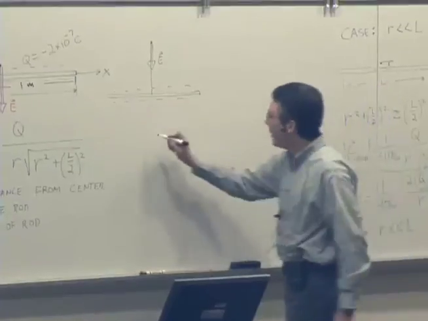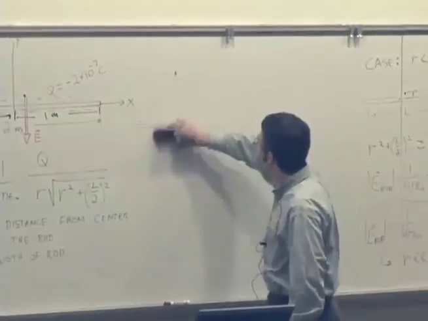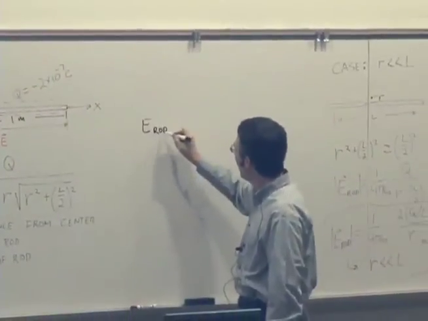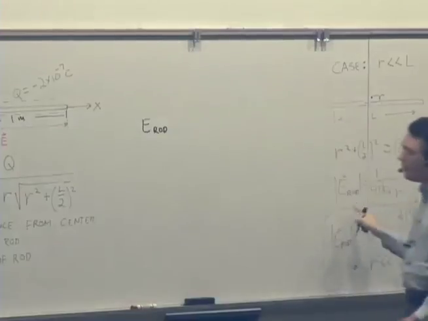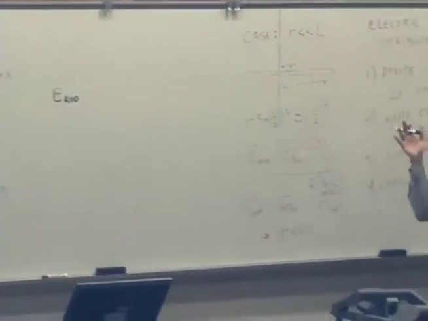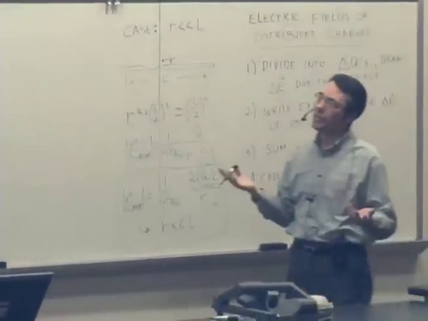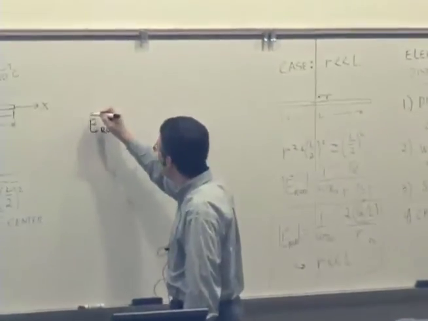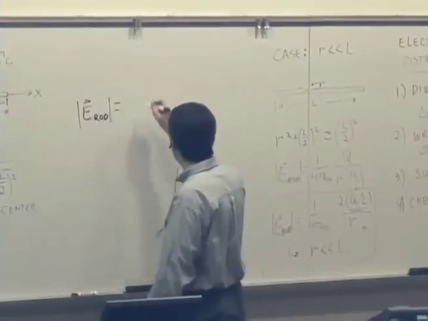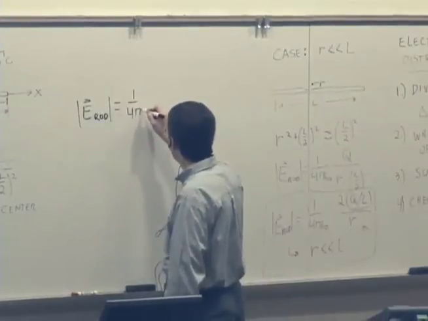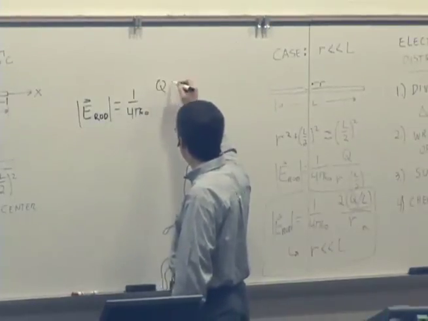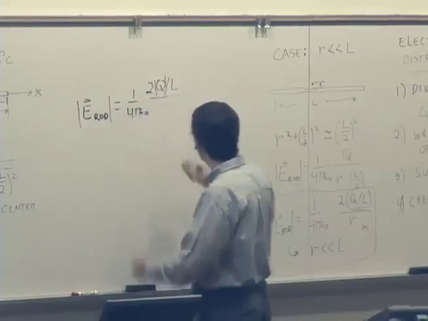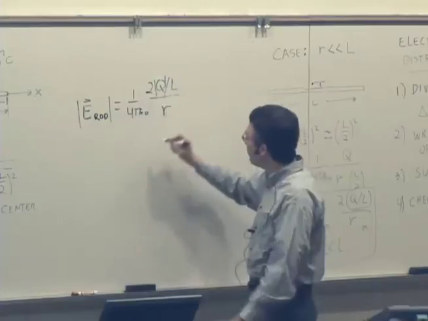So let's try it. We have the electric field of the rod. Remember, this is just a magnitude, so for the vector, you often have to construct the vector yourself based on the sign of the charge. So we'll just get the magnitude. The magnitude is going to be 1 over 4 pi epsilon 0, 2q over L, and it's really the magnitude of q, over r.